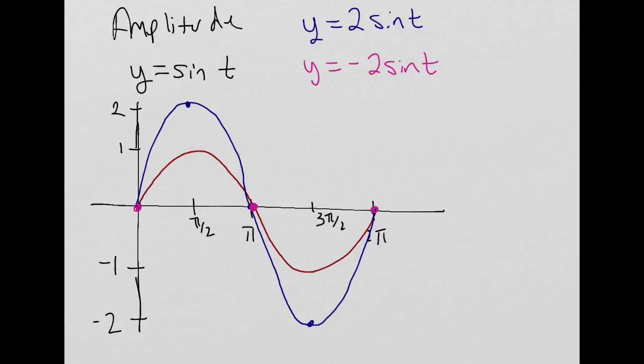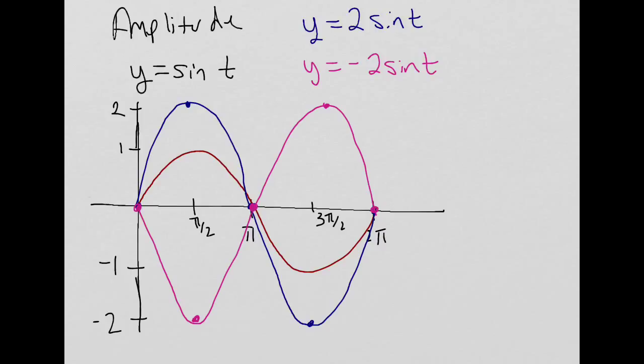When I multiply it by negative 2, it moves that point down here. And over here I was at negative 1, multiplying it by negative 2, it's going to move me up here. And the same basic shape, the same periodic structure still holds, and we get something like that. So we're always going to be building off this sine curve. It's just a matter of how I can stretch it or flip it when I'm changing the amplitude.